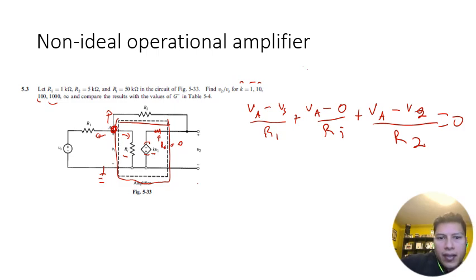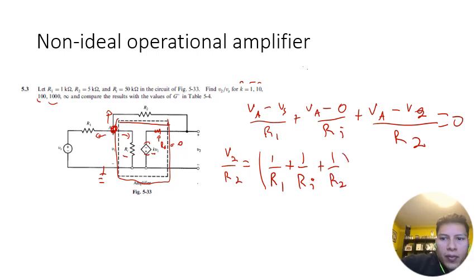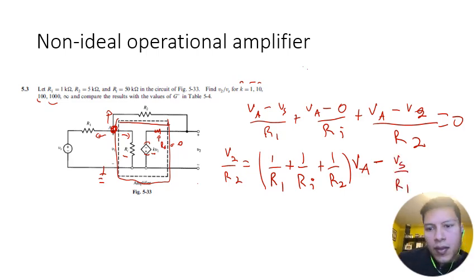And so we're going to get here actually that V2 over R2 equals 1 over R1 plus 1 over RI plus 1 over R2 times VA minus Vs over R1. Cool.